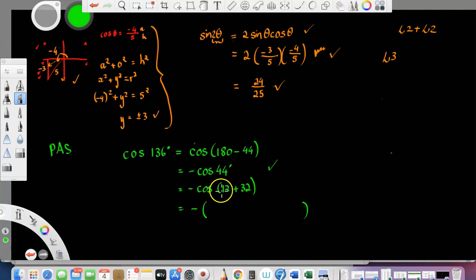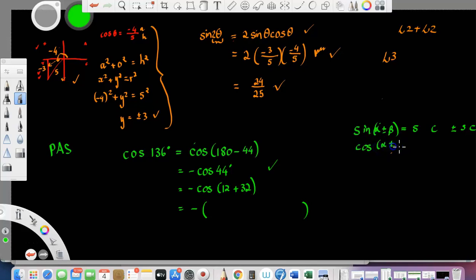Okay, compound formulas: for sine, sine of alpha plus beta is same sign, different ratios. So sine is plus, plus, and it's sine cos, sine cos. For cos, it is different sign, same ratio.